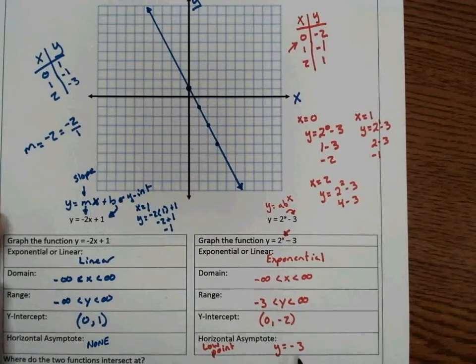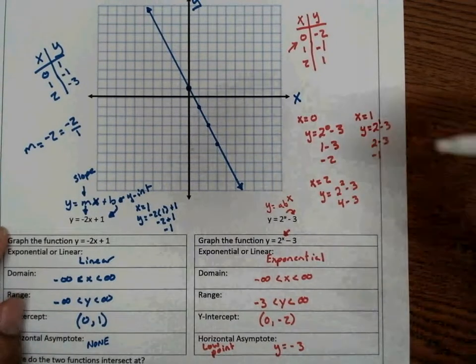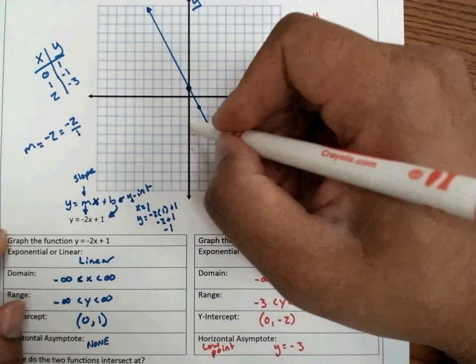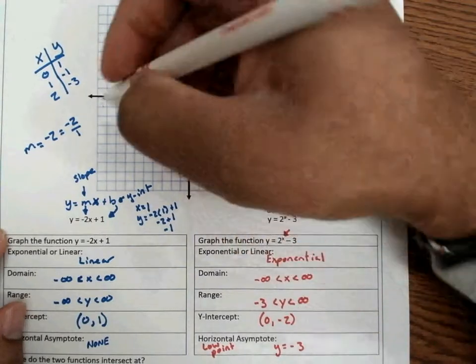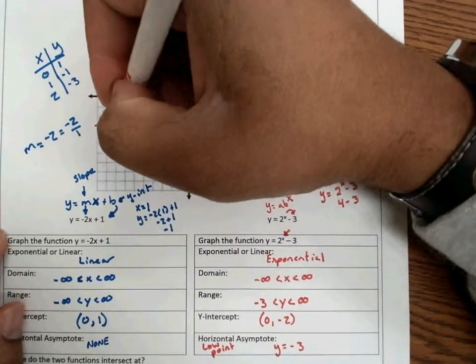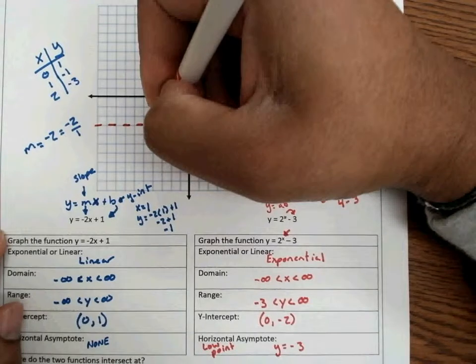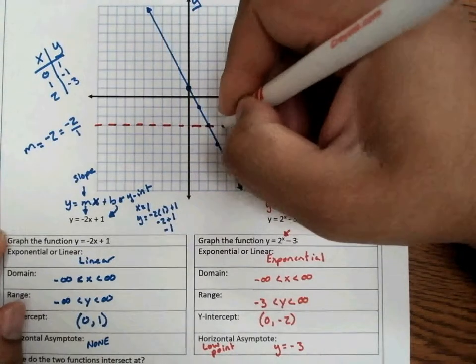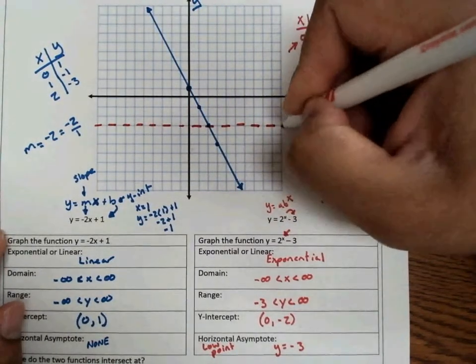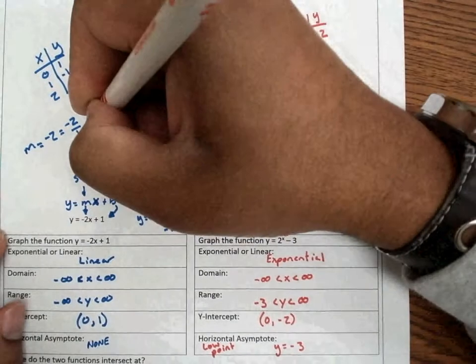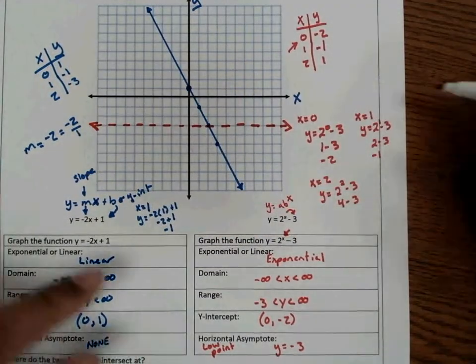So I'm going to go and graph the low point, which is negative 3. So 1, 2, 3. So this is negative 3. So dot it, dot it, dot it. And then we'll plot the points.